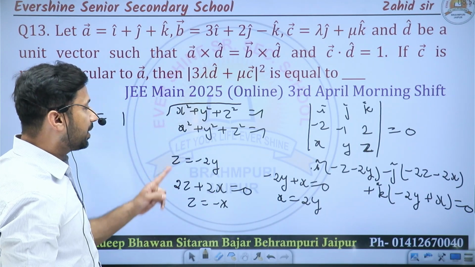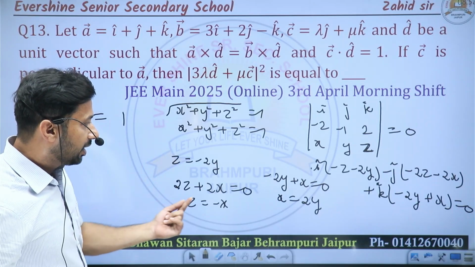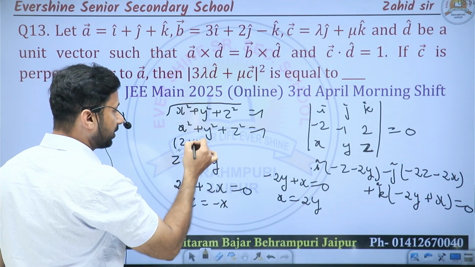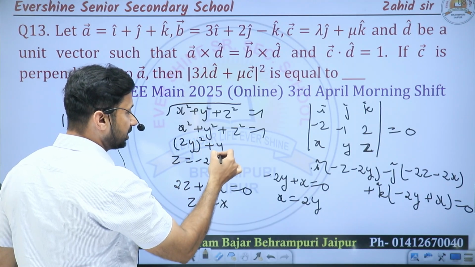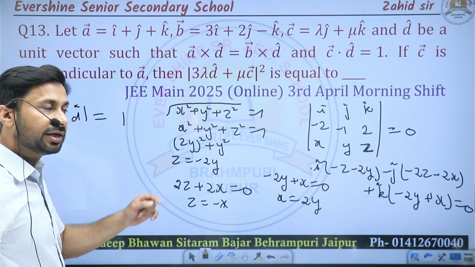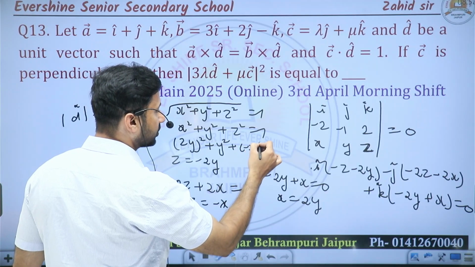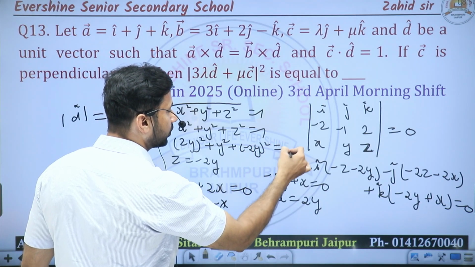Okay. Now I can put the value of x. X is 2y, so square of 2y. This y will be as it is. And z is minus 2y, so square of minus 2y equal to 1.